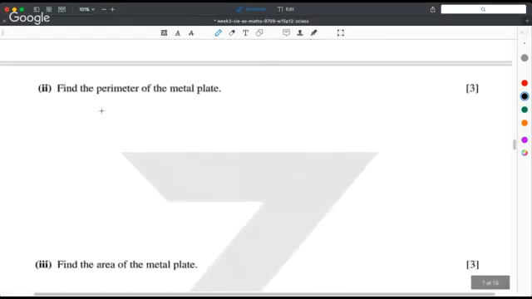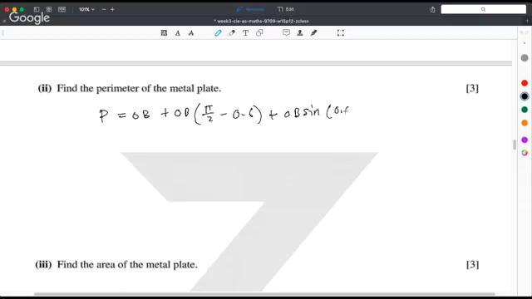So the perimeter is therefore OB, the side that was equal to OB, plus OB times (pi on 2 minus 0.6) plus OB sine of 0.6 plus 6, which is 24.4.